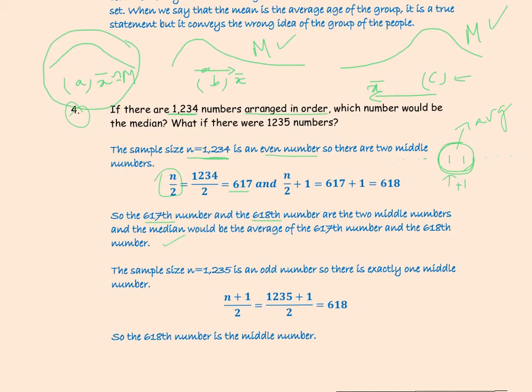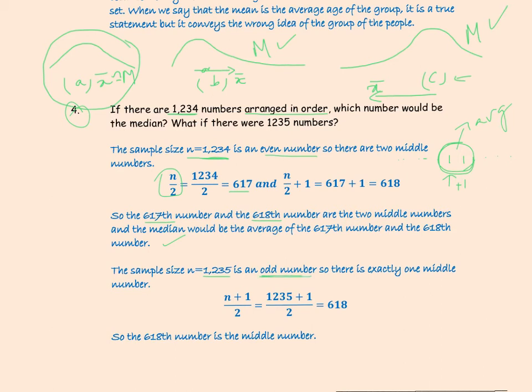Now what if we had 1235 numbers in the data set, and they're all arranged in order, either increasing or decreasing? Notice that 1235 is an odd number.